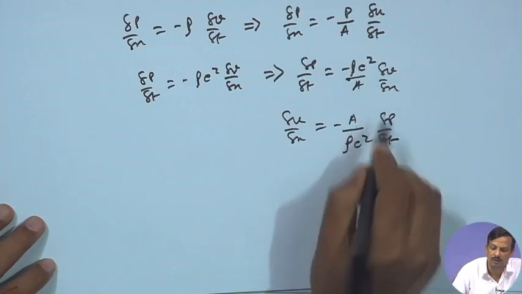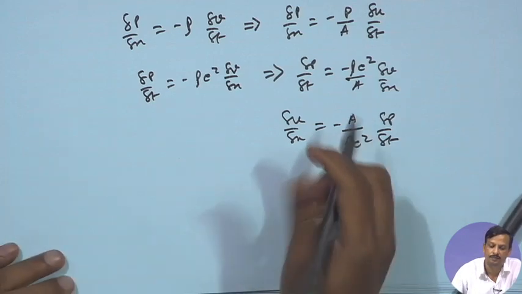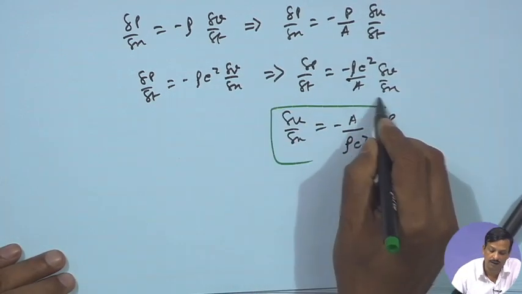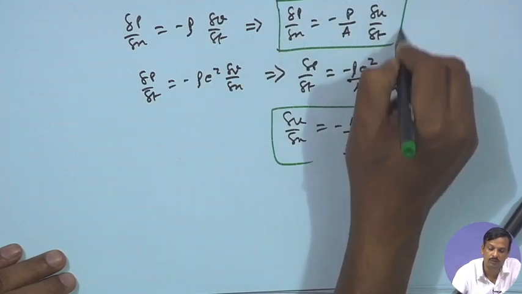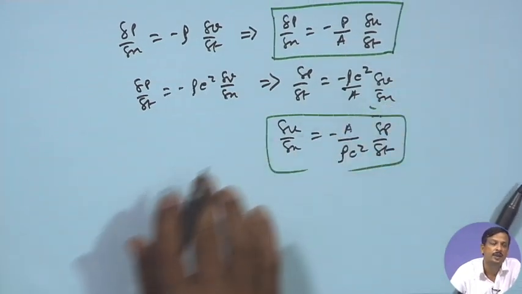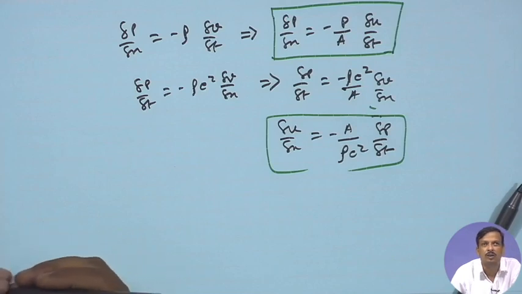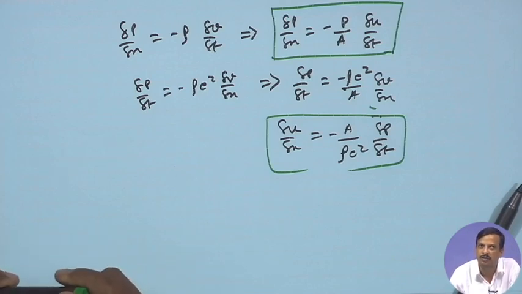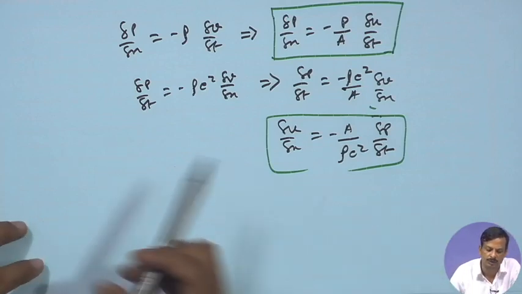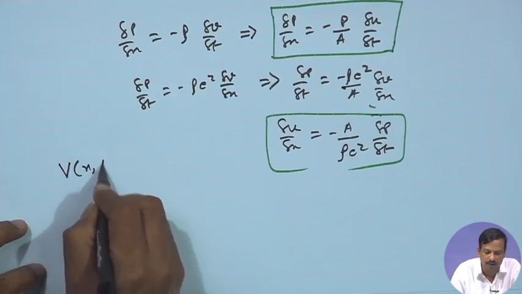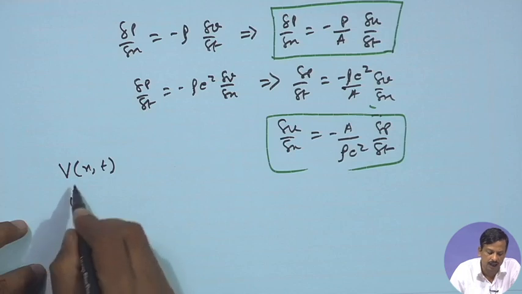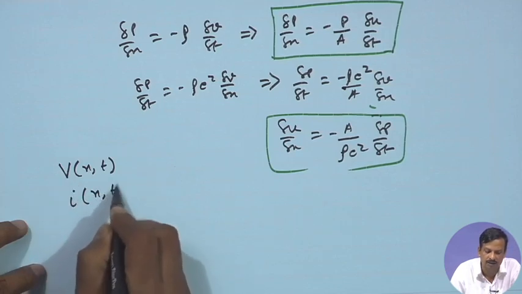Okay. Now, if you see these two equations, this is analogous to the electrical transmission line equation. In an electrical transmission line, voltage V is a function of x and t, and current I is also a function of x and t.